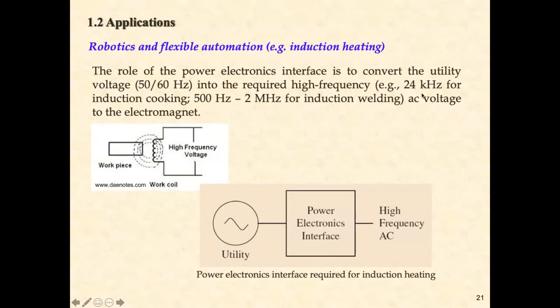For example, for induction cooking, the frequency can be up to 24 kilohertz, and for induction welding, the frequency can go up to even 2 megahertz. When compared to the utility frequency of 50 or 60 hertz, it is much higher. So we need the power electronics interface to do adjustment or conversion to fit our use.